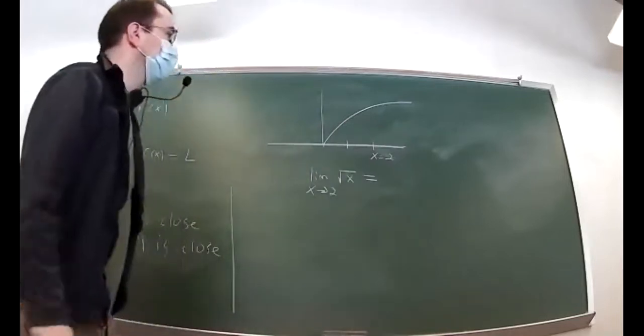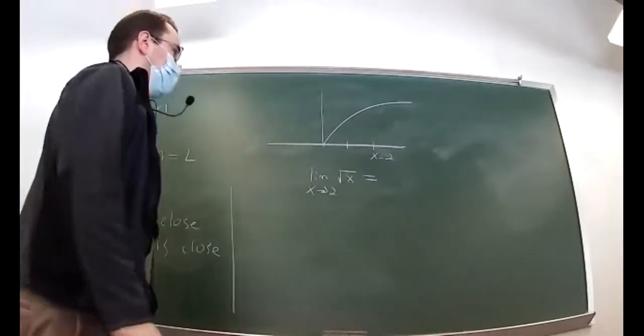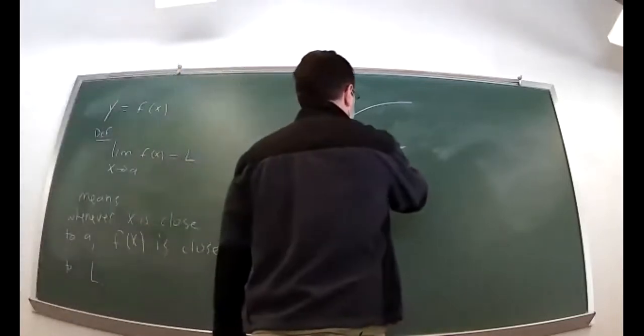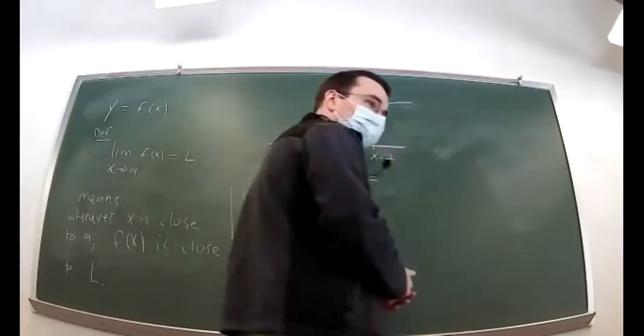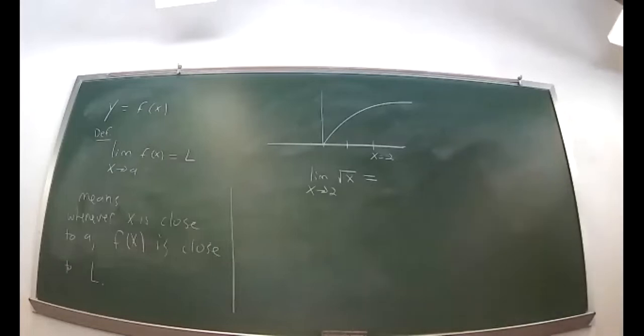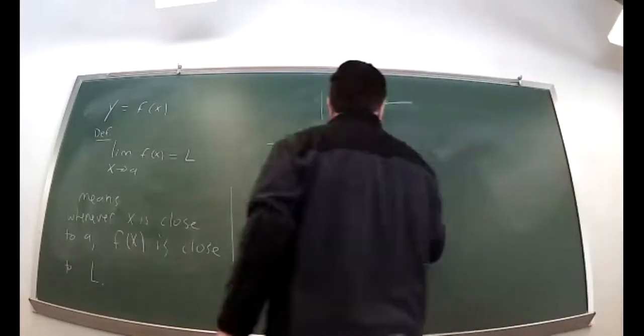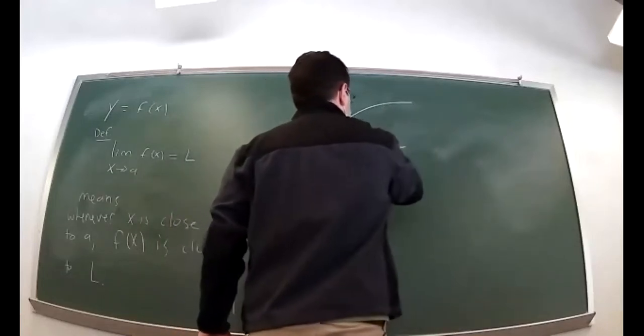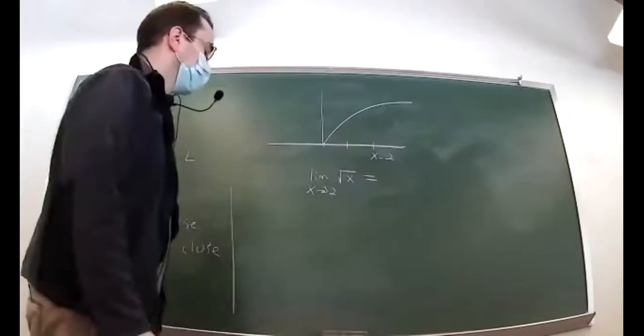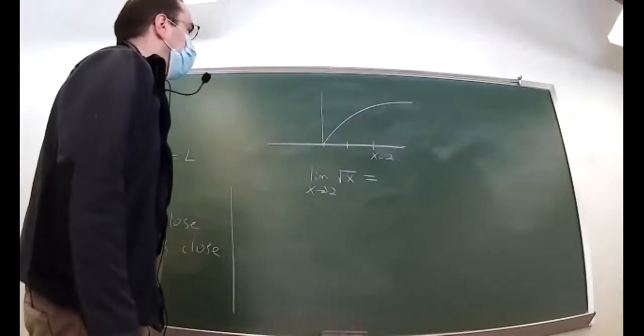And so how can I read this off from the graph? Let's look at values of x that are close to 2. And I'll put those in yellow. So these are values of x that are close to 2.